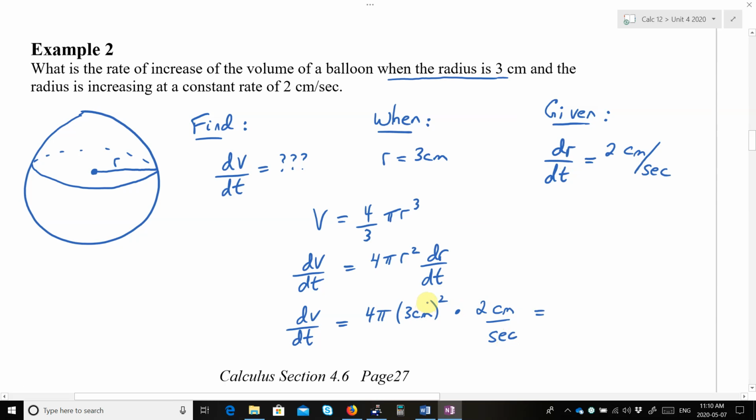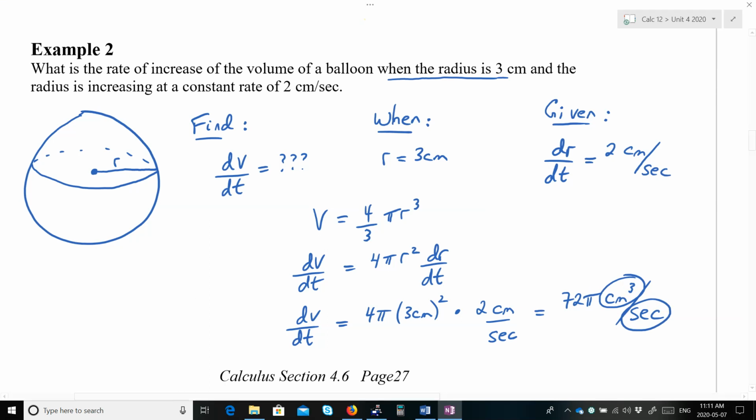So 3 squared is 9. 9 times 4 is 36. 36 times 2 is 72, and then we have the pi there, so we could write it in terms of pi, an exact value, 72 pi, and notice I have centimeters squared times centimeters, so that's going to be centimeters cubed per second, which is a rate of change of volume with respect to time.